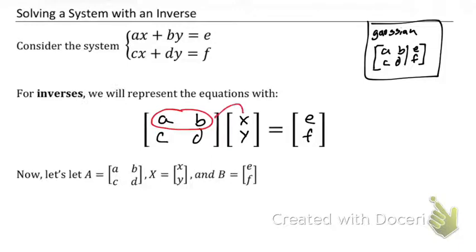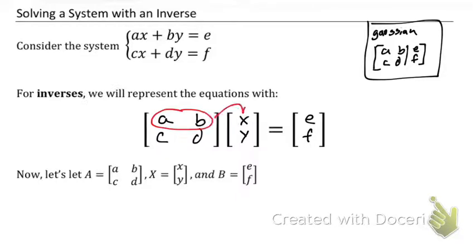I'm not actually going to multiply them, I'm just emulating it. If I actually multiplied these out, I would have AX plus BY. And if I took this row times X and Y, I'd have CX plus DY, which would be this.